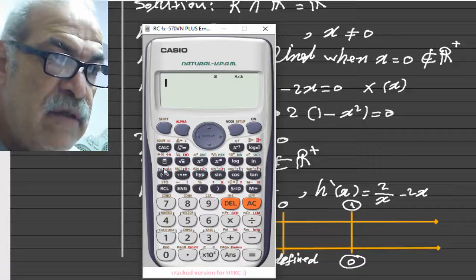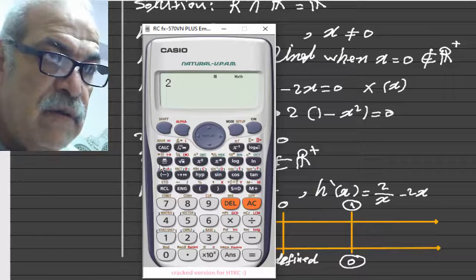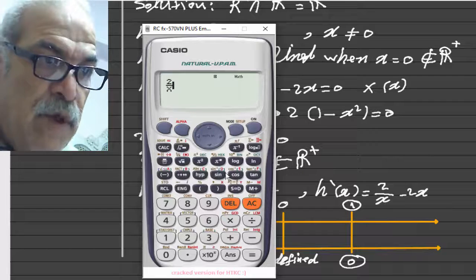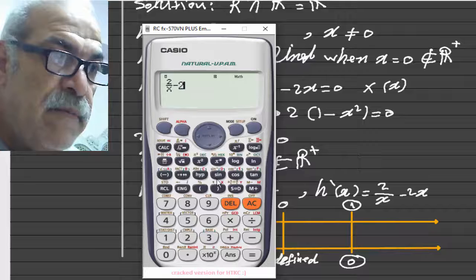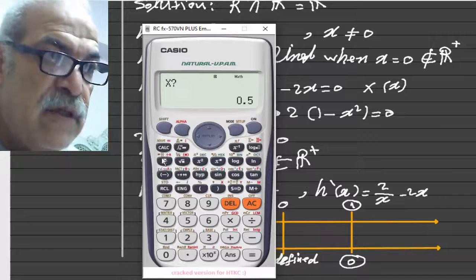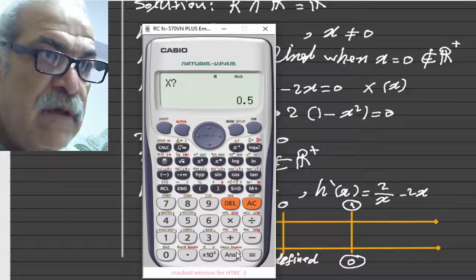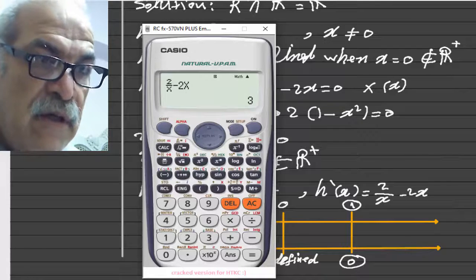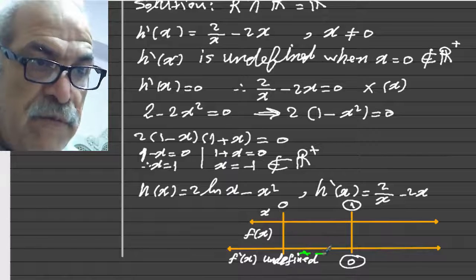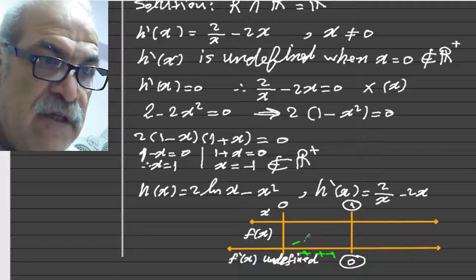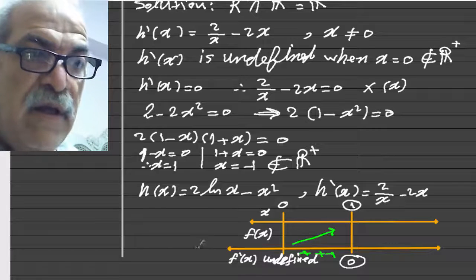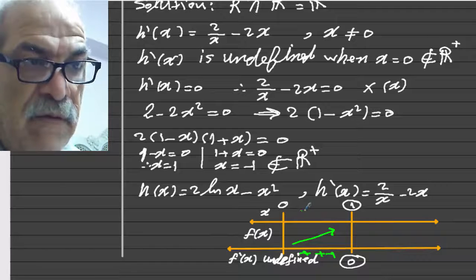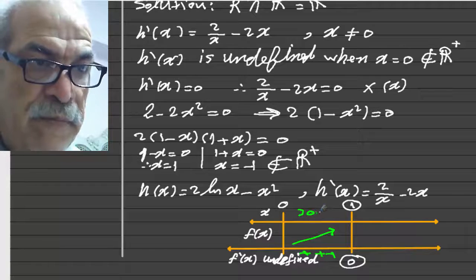So I write 2 over x minus 2x, and we calculate for x equals 0.5. It is equal to positive 3. So the sign here is positive, and the function is increasing on this interval from 0 to 1.